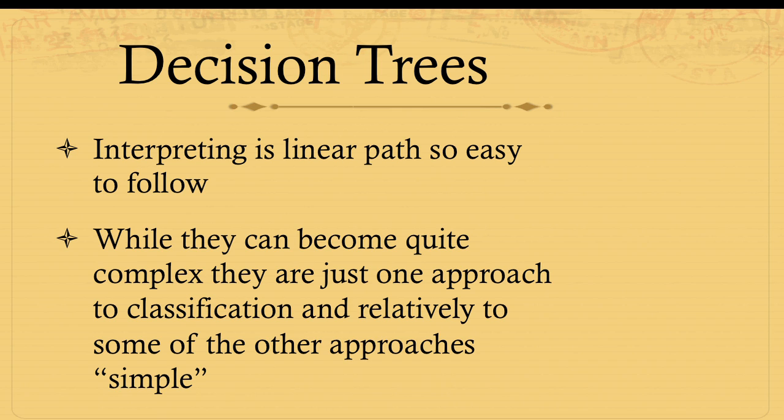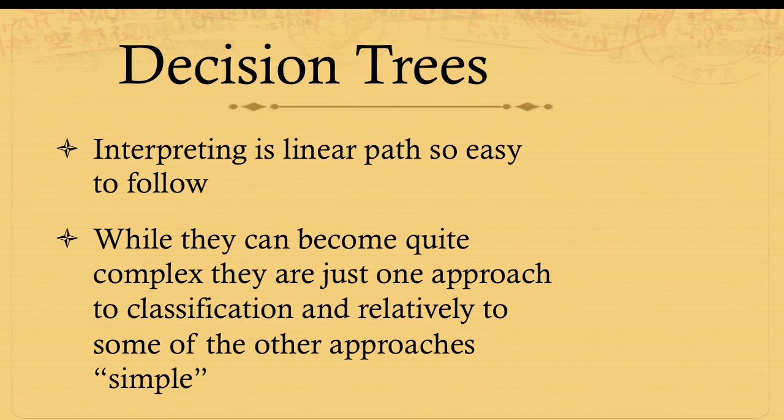This one is pretty linear in how it gets applied, while other approaches might have feedback loops, and there are all sorts of other techniques, some of which are built into Rapid Miner. But we're looking at the decision tree here because it is fairly straightforward, and most people have seen decision trees.